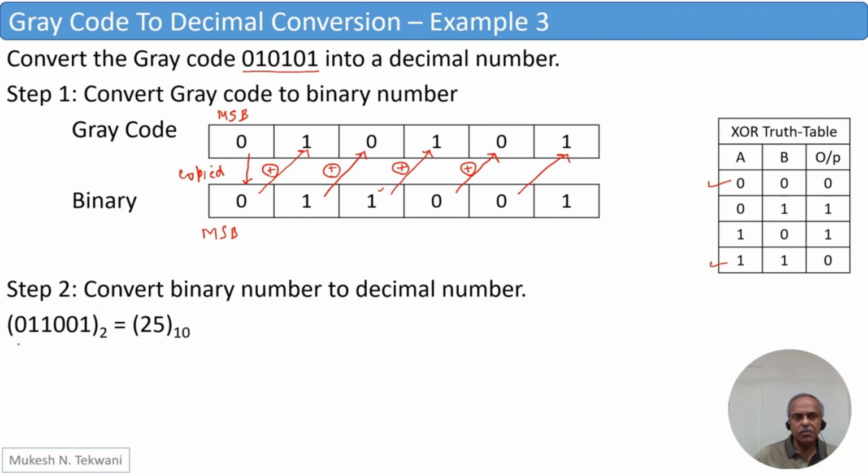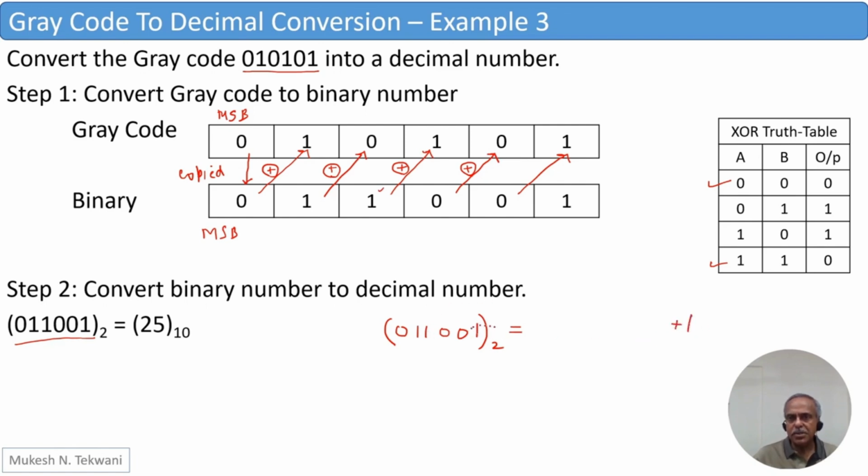So this number that we have is the equivalent binary value, and we know now from our previous session that we can convert this into the equivalent decimal value, and that becomes 25. So this is 011001 of the binary. We attach a weight to each bit. So this bit has a weight of 1.